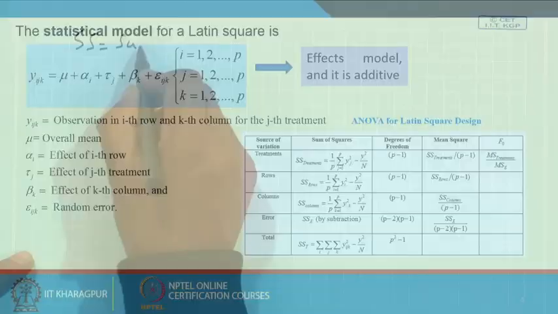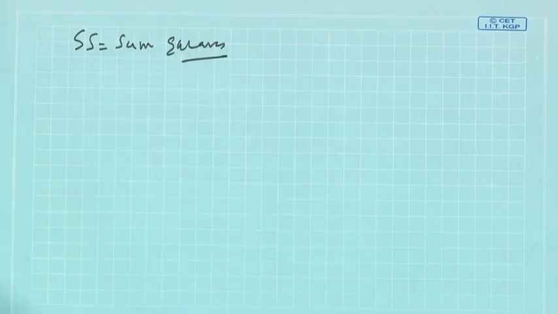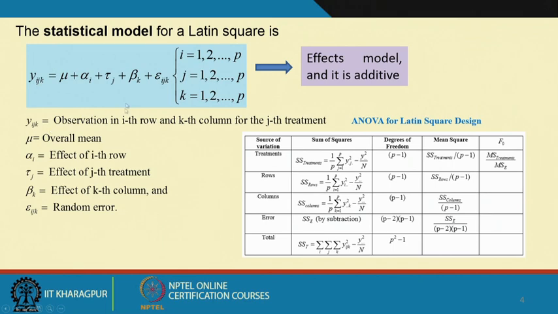This computation is very important. So, let us see the table. This table on the right hand side, lowermost, this one, is the ANOVA table for Latin square design. So, our sources of variation are treatment, rows, column, error, these 4 sources.